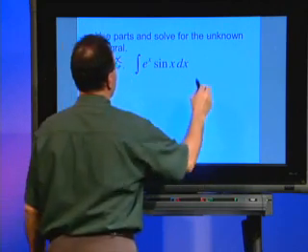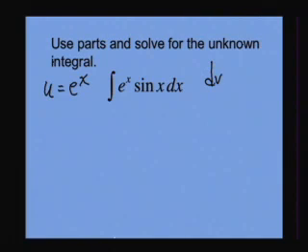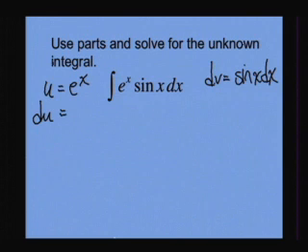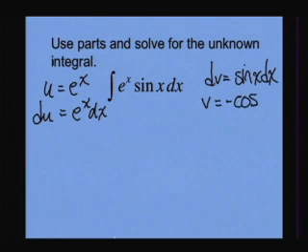And that means that dv is equal to sine x dx. And of course, when we differentiate over here, we simply get e to the x dx. And over here, when we integrate, we get v is equal to negative cosine of x.